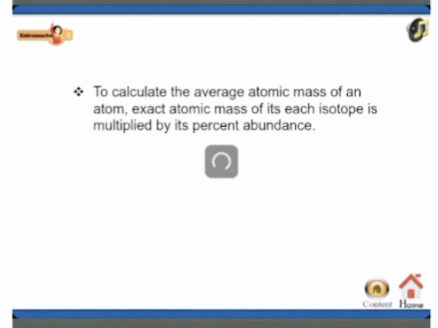To calculate the average atomic mass of an atom, the exact atomic mass of each isotope is multiplied by its percent abundance.